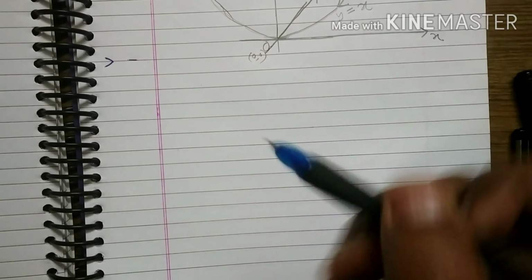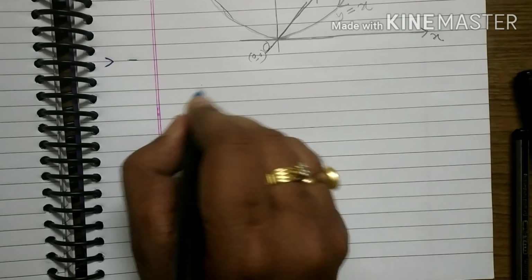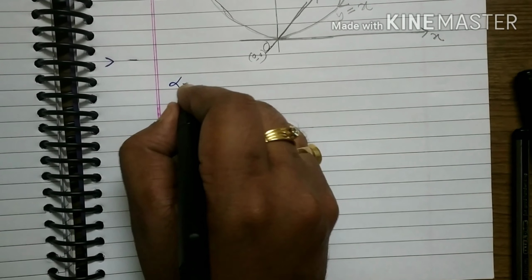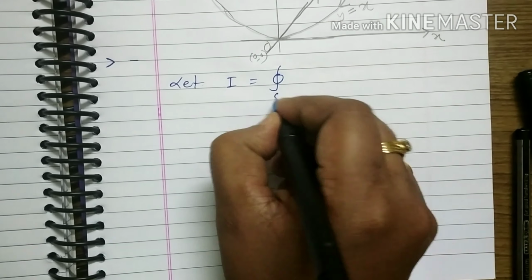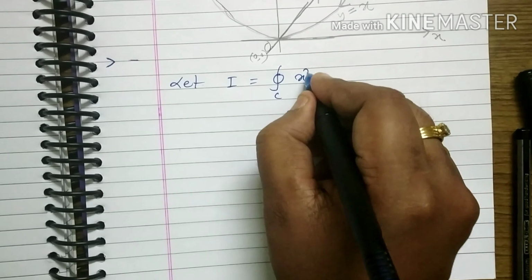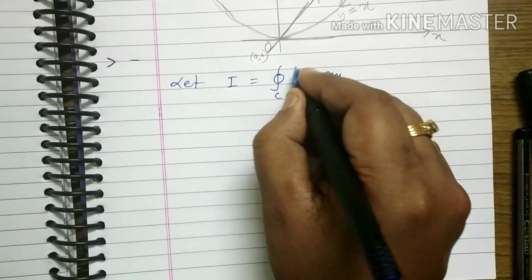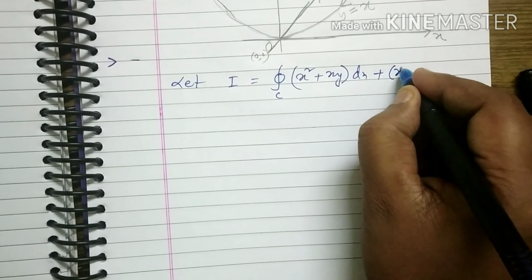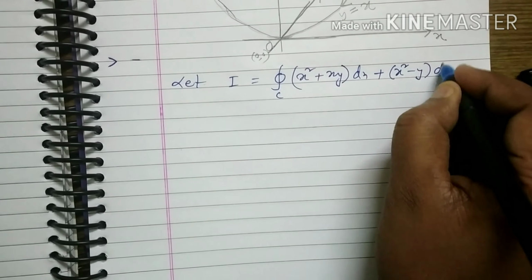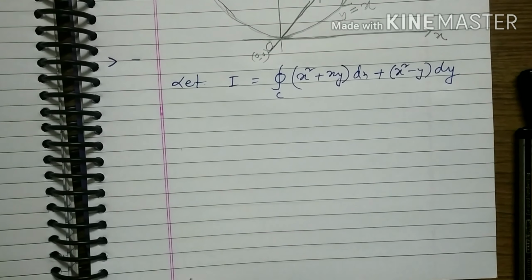Now write down the given information. Let I equals the integral of x square plus xy into dx plus x square minus y into dy.